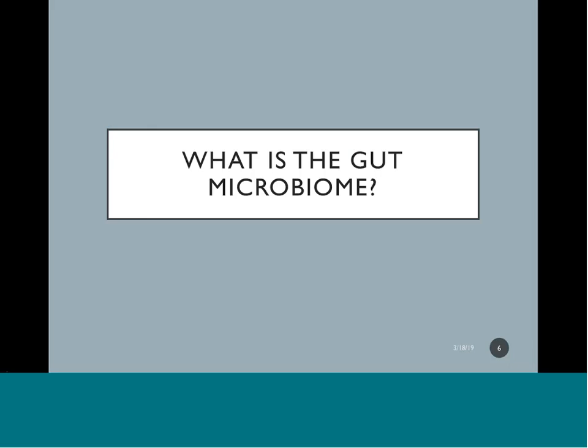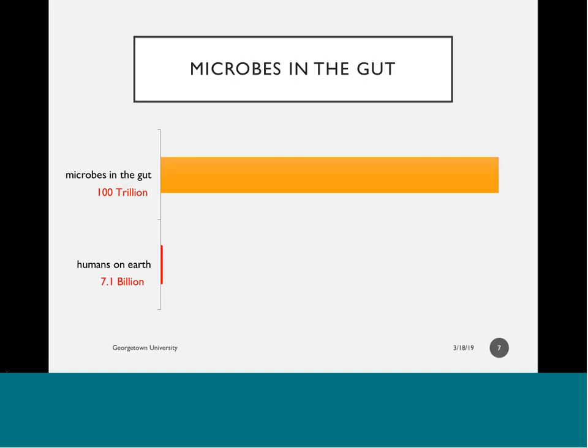I think it is still the case that the largest body of work is focused on the gut microbiome. For the social scientists out there, and especially any demographers, this is just to give you a sense of scale. If there are 7.1 billion humans on Earth, there are well over 100 trillion microbes in your gut.